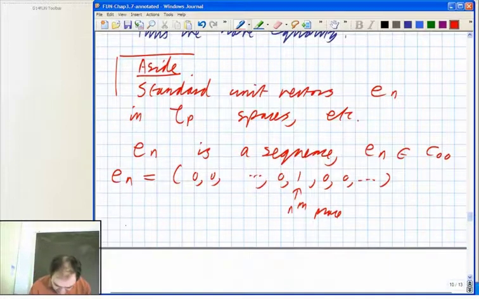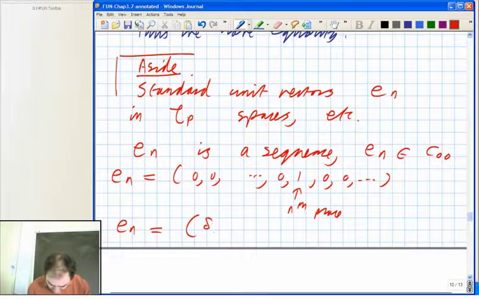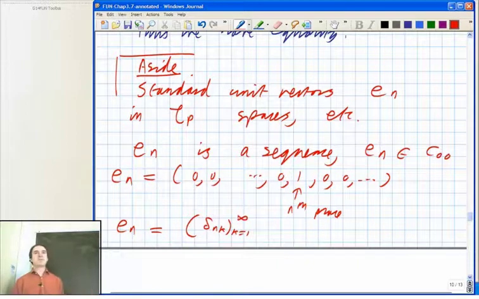Or in other words, e_n is equal to the following sequence: delta_nk, k runs from 1 to infinity, where this is the usual Kronecker delta symbol.